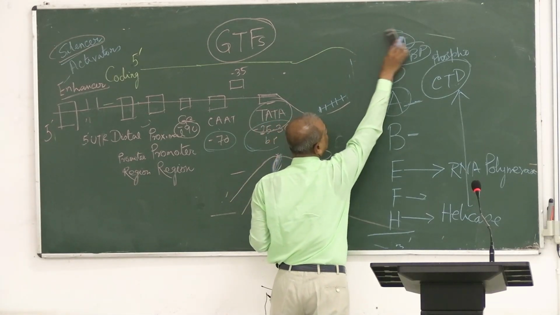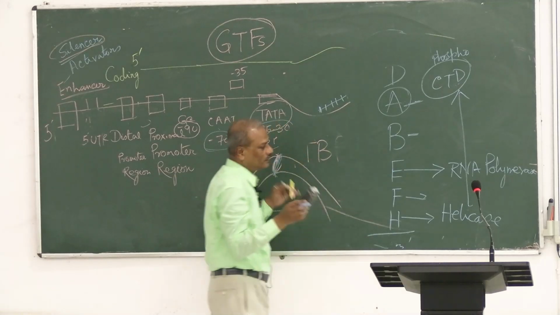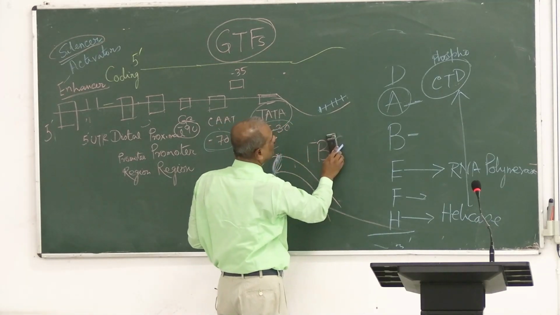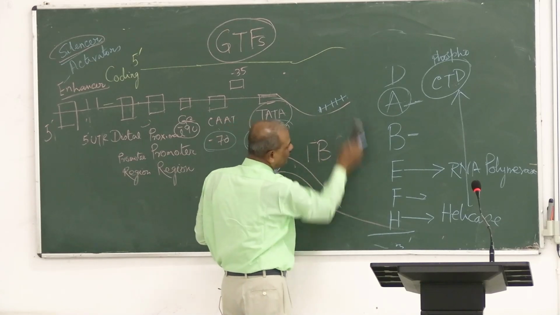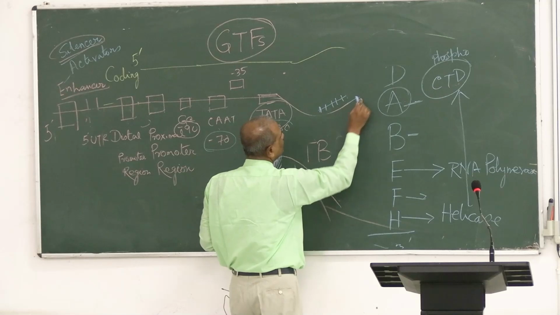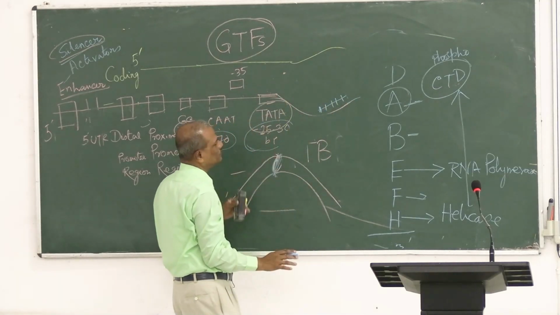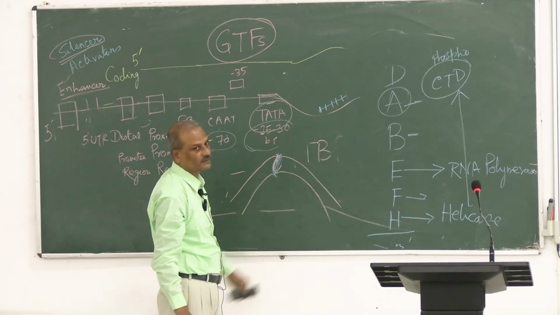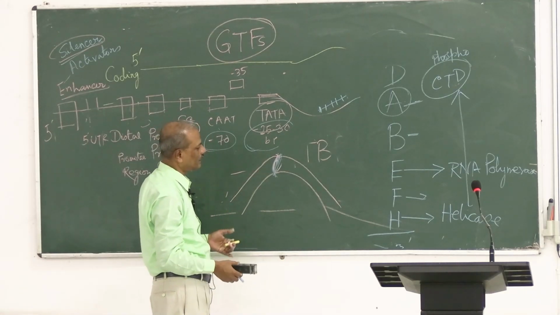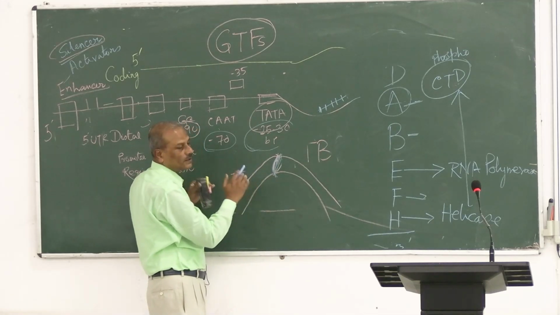Then in transcription, if there is a false nucleotide incorporated in the DNA, that nucleotide will be removed. After all these things have been attached, for RNA synthesis, this promoter, that RNA polymerase 2 along with all these factors, TFIIB, TFIIH, they will attach to each other and all other factors will be released.